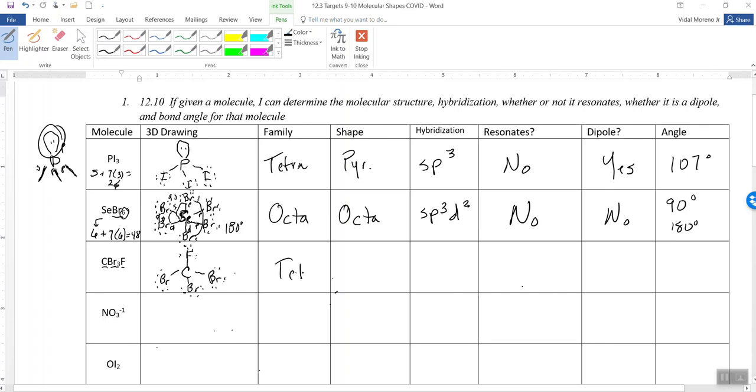So still tetrahedral, sp3. Resonates? No double bond, no. Dipole? Is it exactly the same on all 4 sides? The answer is no. Therefore, yes, it is a dipole. Angle from your memory work, 109.5.